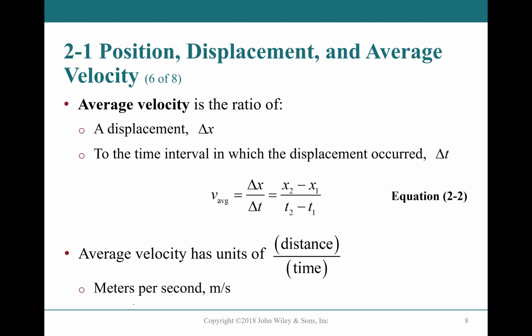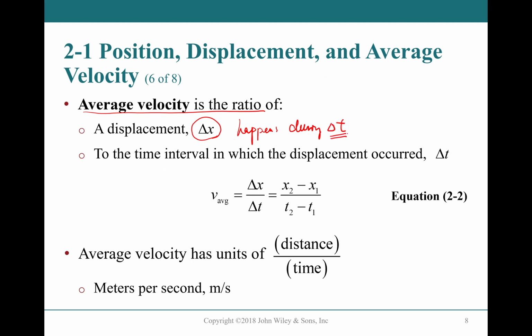It's what we call the average velocity. So what is average velocity? Velocity is the measurement of how fast an object is moving, so how fast the displacement changes. That's why we need delta x, and the delta x happens during delta t.